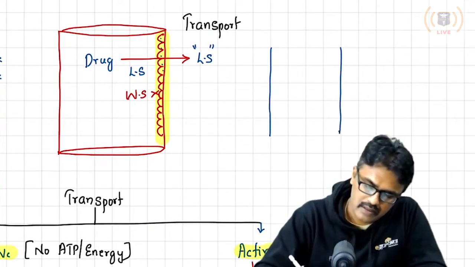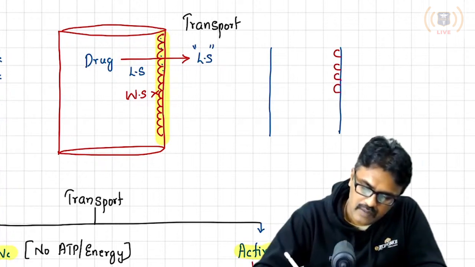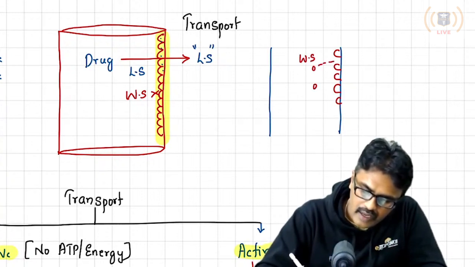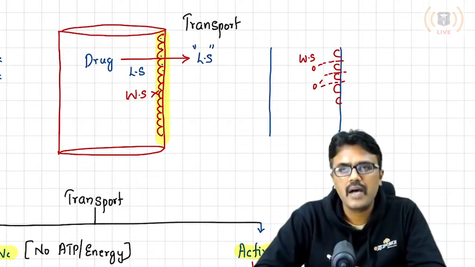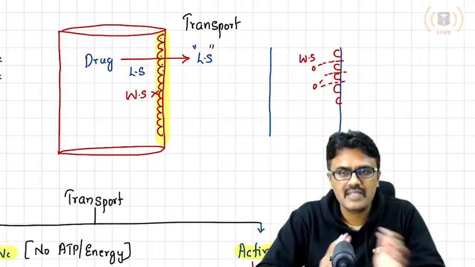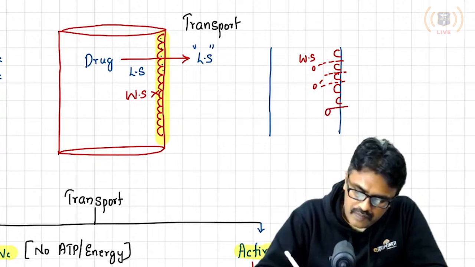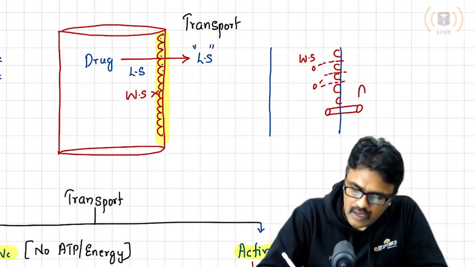In this, there is a space between cells. We call it the paracellular space. Now, if the water soluble drug is very small, then it can pass through these paracellular spaces, that is between the cells, or there are channels called aquaporins.